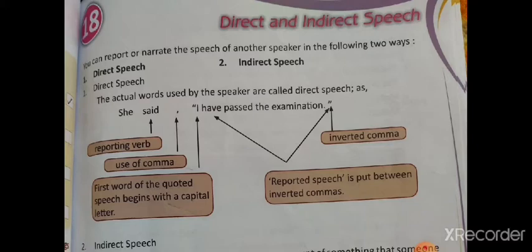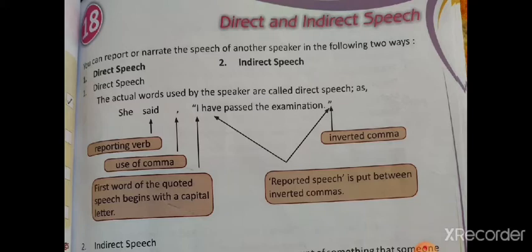So whenever we are using inverted commas in any sentence, it is understood that these are the exact words. Whenever we are writing some words under the quotation, under these double quotes, it is understood that these are the words that have been said by somebody.